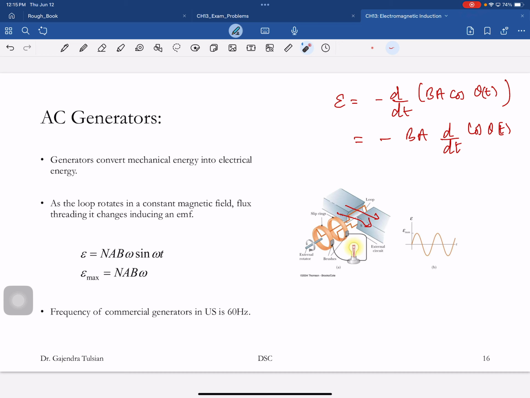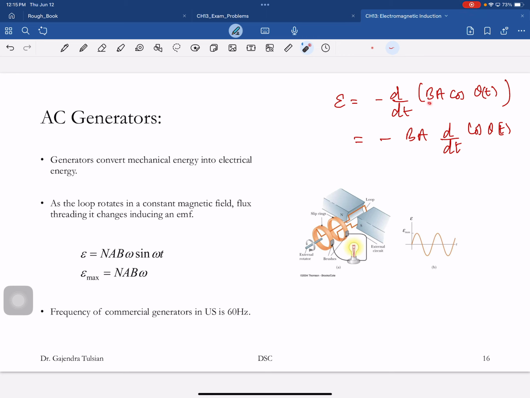In our lives, the most convenient form of energy is electrical energy. Here's how we set it up. You just saw that you induce a voltage as long as the magnetic flux changes.